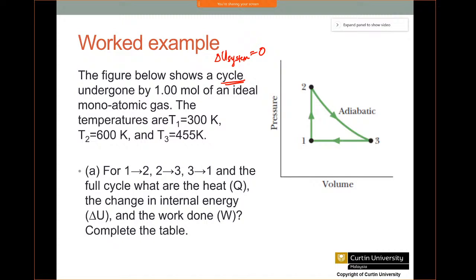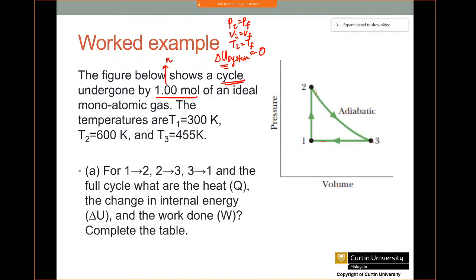If you still remember, your P initial equals P final, V initial equals V final, and T initial equals T final, which means your delta U of the whole system, when it goes 1 to 2, 2 to 3, and 3 to 1, when it is back to here, your delta U for the whole system is actually equal to 0. Undergone by 1 mole.